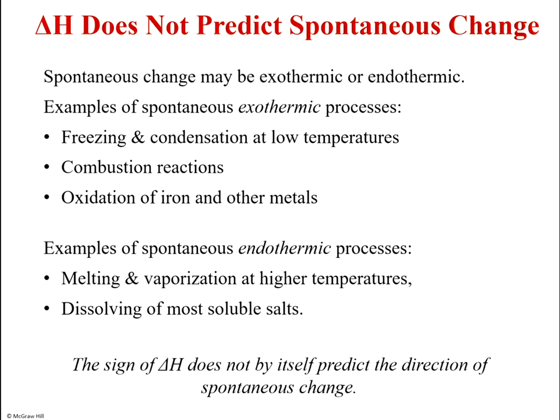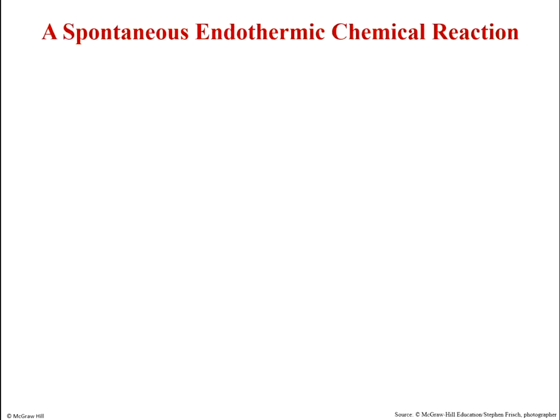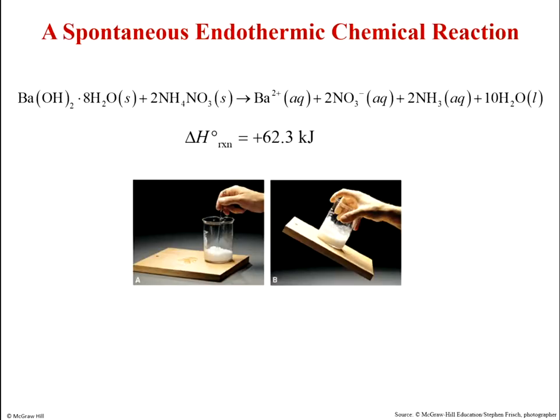So what this tells us is we can calculate what delta H is. It can be positive or negative, but that by itself doesn't predict the direction in which spontaneous change will occur. So here's an example of an endothermic reaction that's spontaneous.